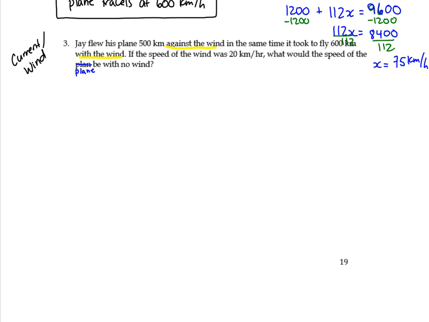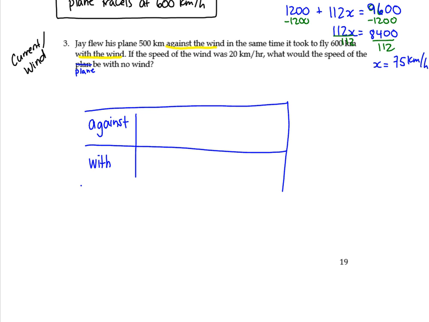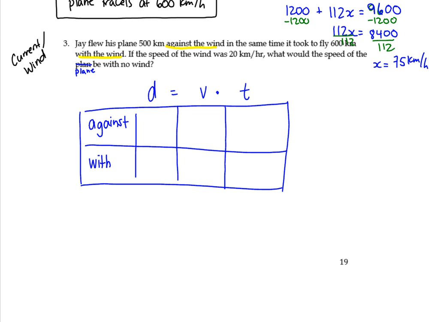Okay, so what are the two situations that we have here? Against the wind and with the wind. Distance equals speed times time. Notice I'm saying speed.